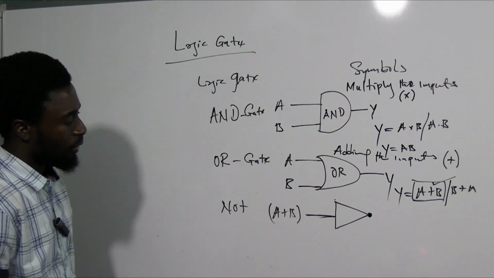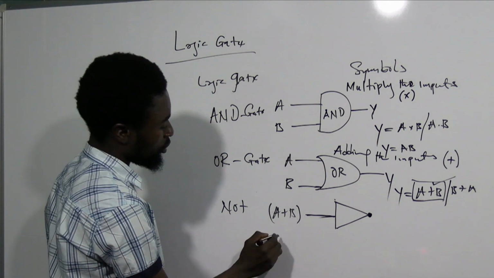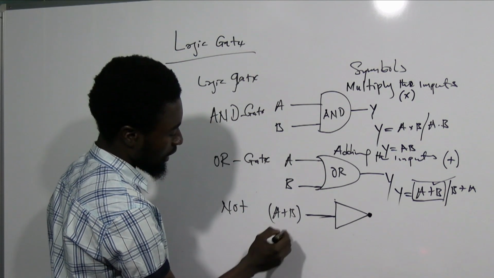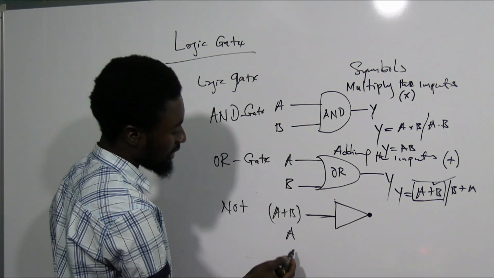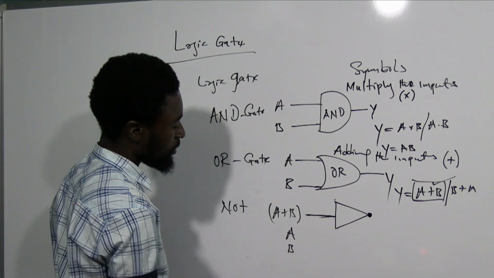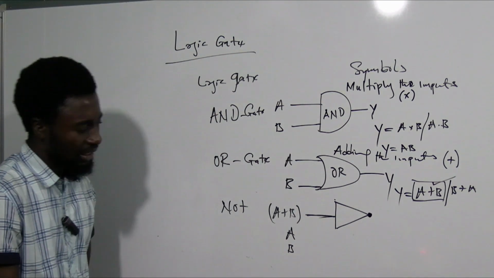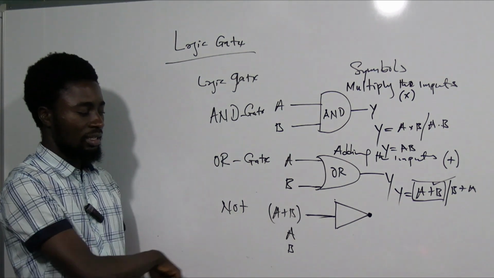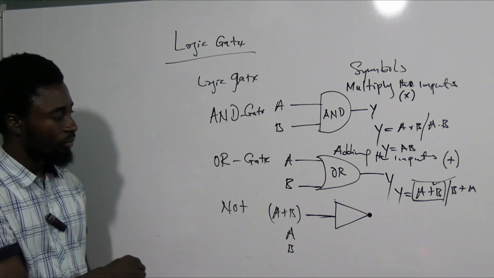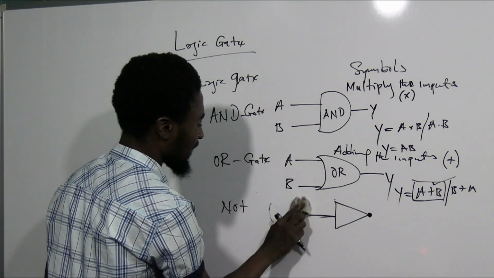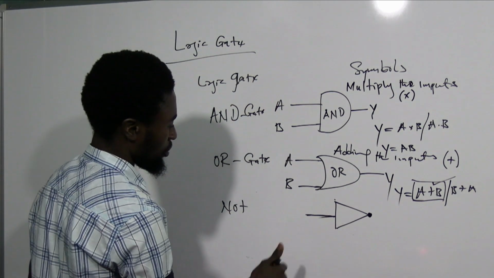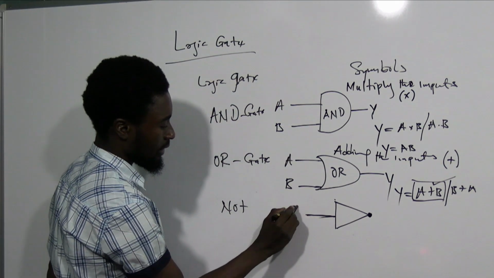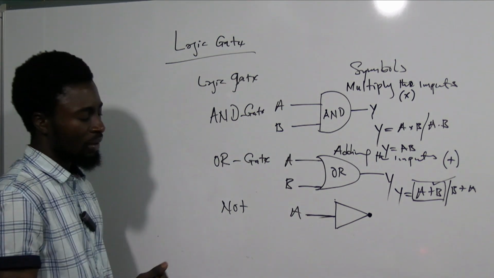It can also be a single character, like A or B. But for this example, we are taking A to be the input.